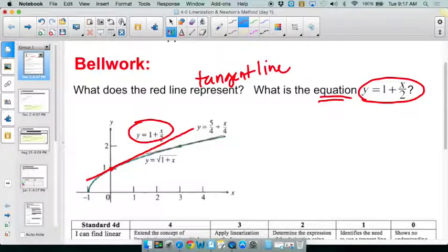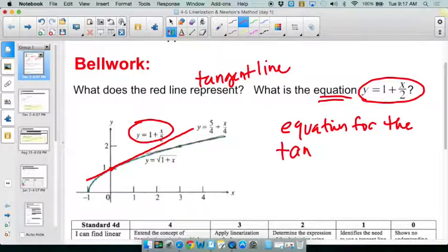Just put it together. It's the equation for the derivative or for the tangent line. Okay, but it's the equation for the tangent line.